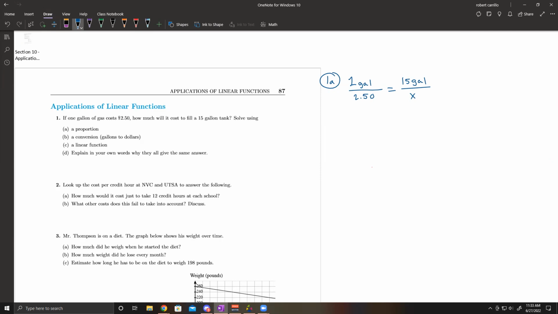Okay, now here's our proportion. We can cross multiply to solve for x. So we cross multiply, remember that. Make it neater, right? There we go. And we cross multiply, and x times 1 is x. And you get 15 times 250, which is $37.50.